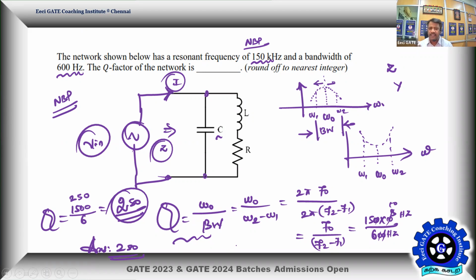So only 600 hertz bandwidth around 150 kilohertz center frequency. Such a narrow band pass system automatically has higher frequency selectiveness and a higher quality factor. So quality factor talks about frequency selectiveness in a band pass system, like this RLC resonance circuit, even in a series RLC resonance circuit.